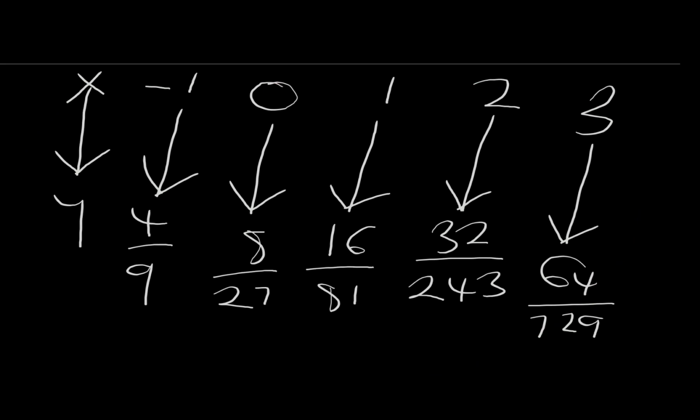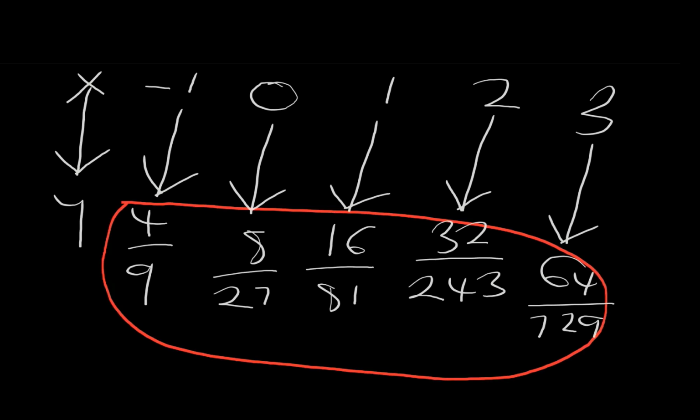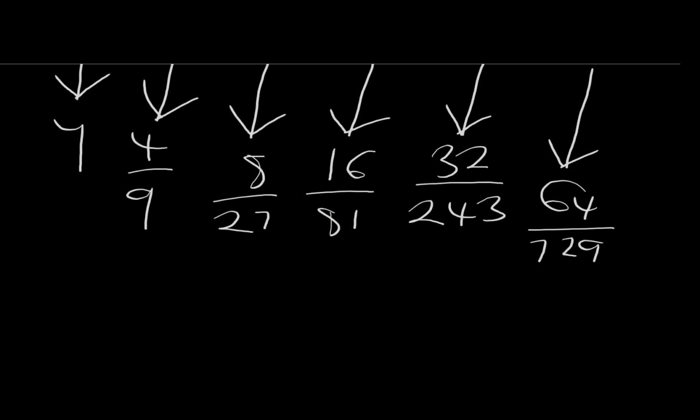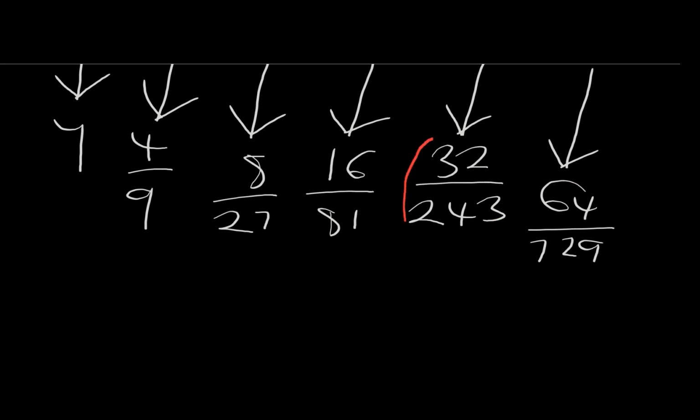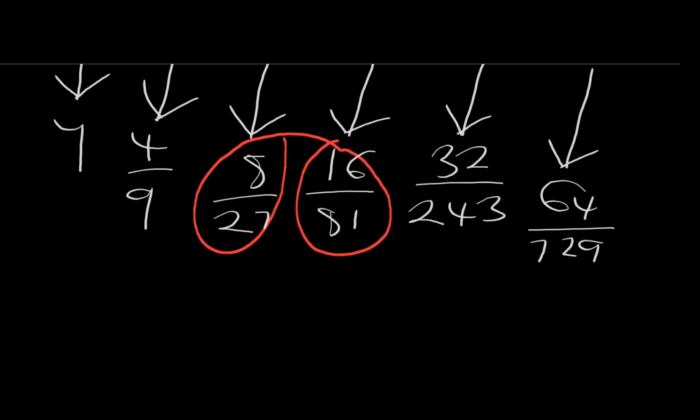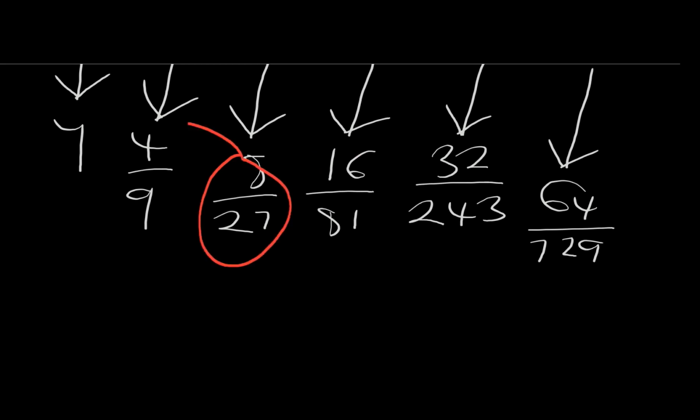How do we do that? We find the common ratio in the codomain. So to do that, we'll divide this term by the previous term, and also this term by the previous term, this term by the previous term, this term by the previous term.